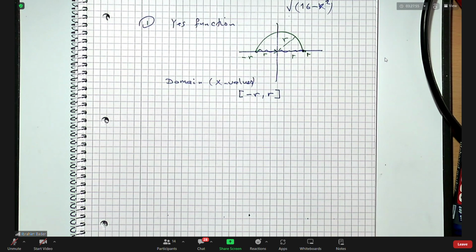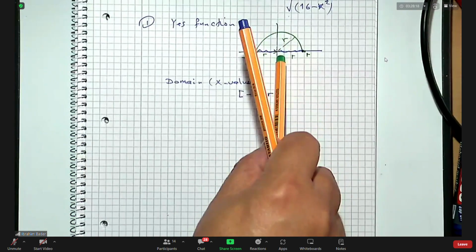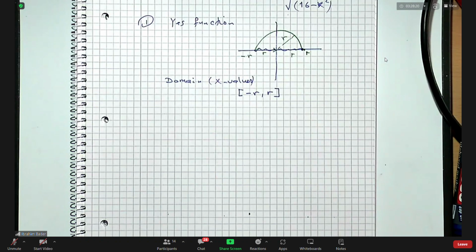That's only complex numbers. And the range here is obviously from 0 to R.